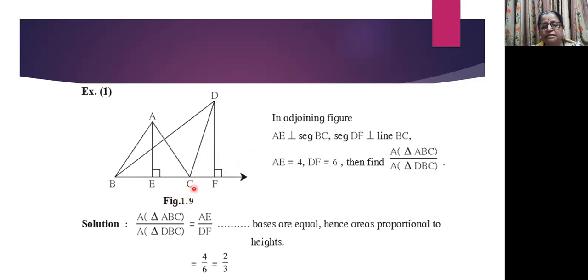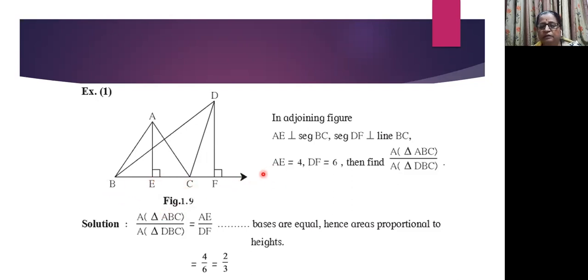So we see that AE is perpendicular to BC. Then next, DF is perpendicular to this BC.